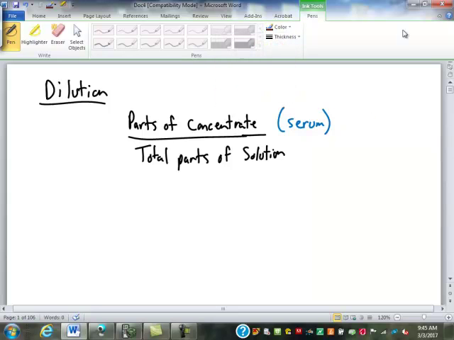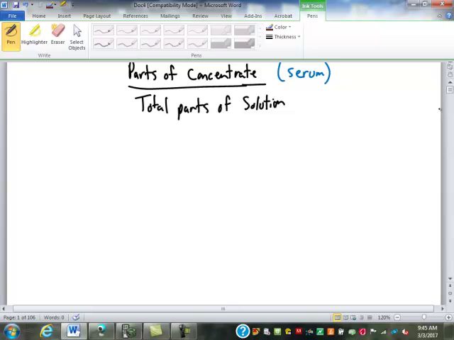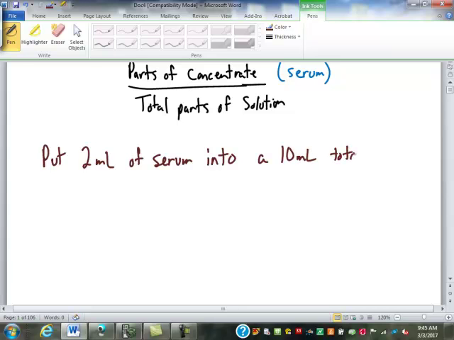So the first thing we need to look at is the structure of this ratio and some of the things we can pull out of it. So let's say that we put 2 milliliters of serum, so it's a medication, into a 10 milliliter total solution.